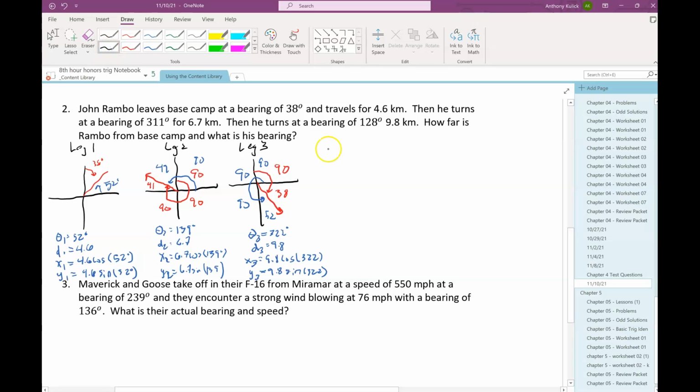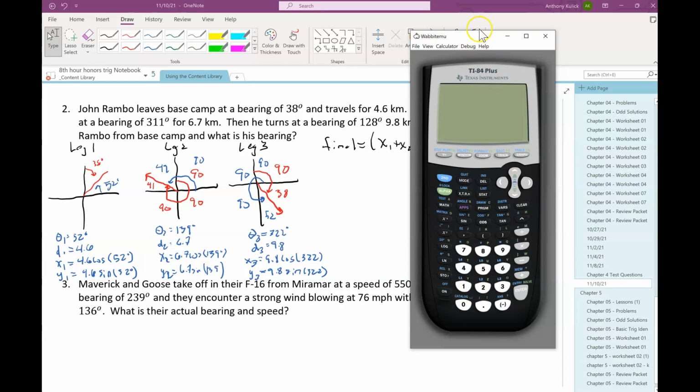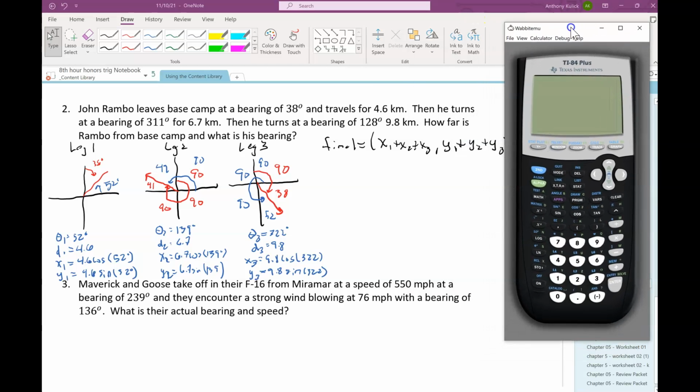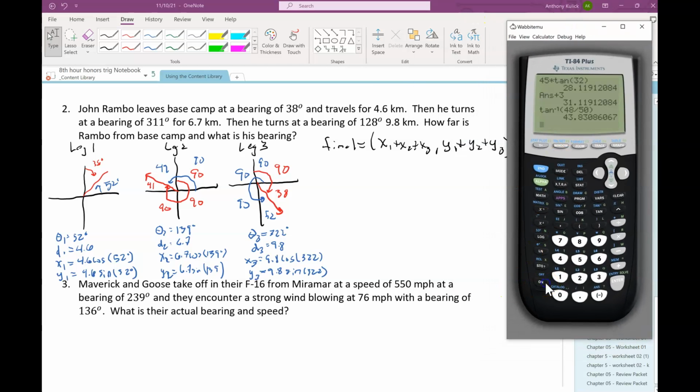Okay. So our final position then is just going to be the sum of the x positions and then the sum of the y positions. So we'll go to our calculator to do that. Make sure I'm in degree mode.